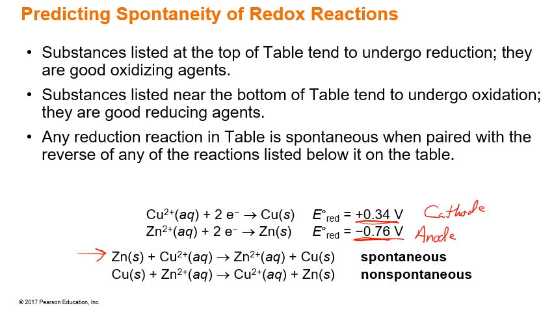So what this means is that if we calculate our Ecell, if that has a positive value, it is a spontaneous reaction. If it has a negative value, then it is non-spontaneous.